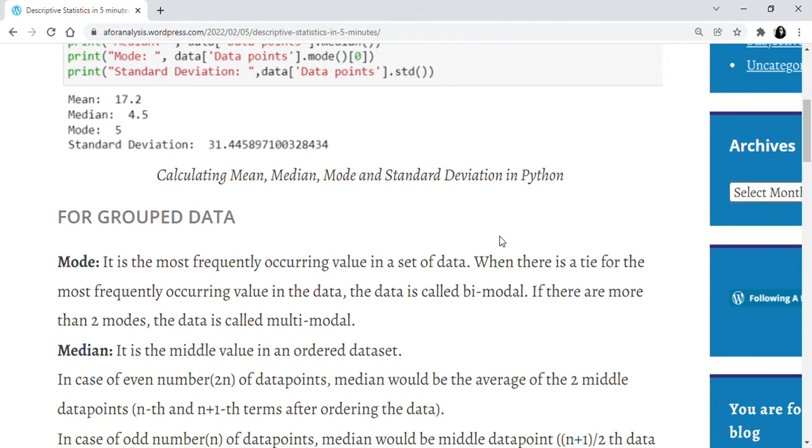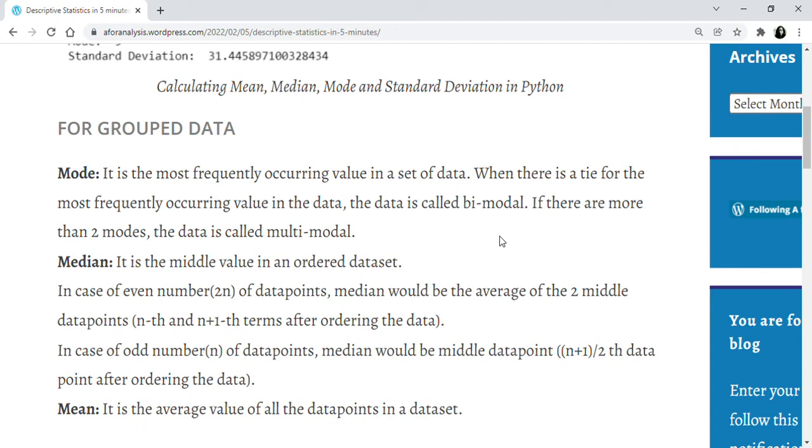Whatever value you get will be the median. Now there's a catch. If there are 2n data points, you would get 2 middle points, right? So in that case you have to take the average of those 2 middle points. But in case you have an odd number of data points, you will find the exact middle point and you don't have to take any average anymore.